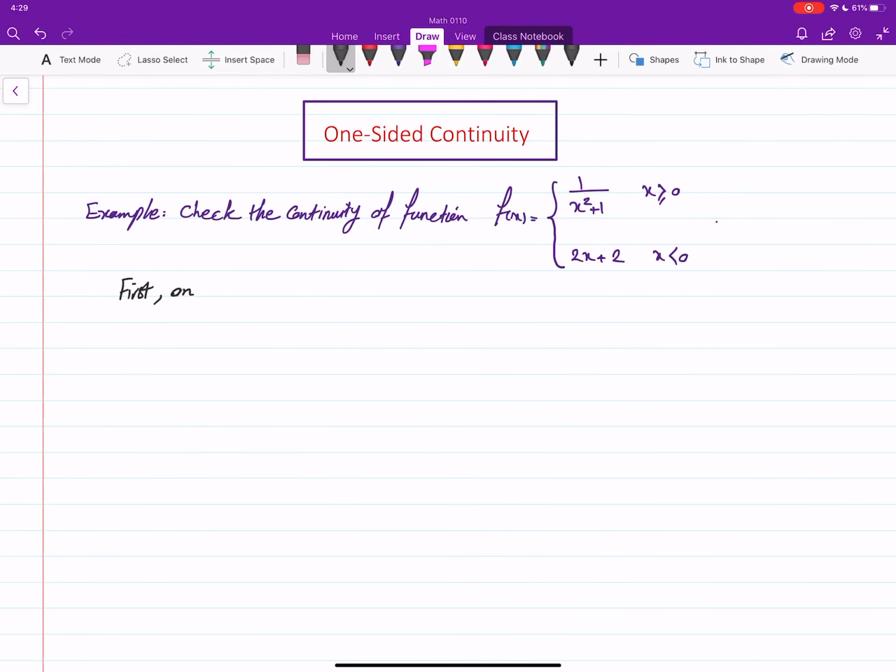for any x which is a positive number bigger than 0, the function is 1 over x squared plus 1. This is a rational function. Remember, the discontinuities of rational functions are wherever the denominator is 0.